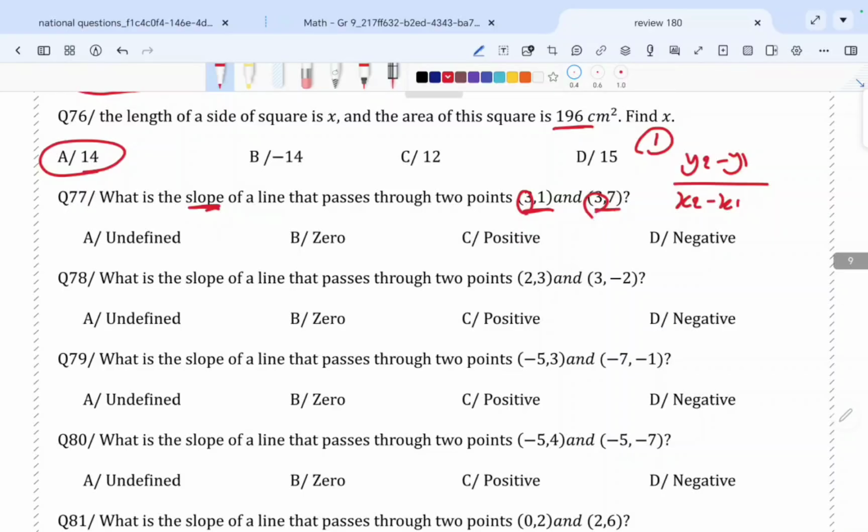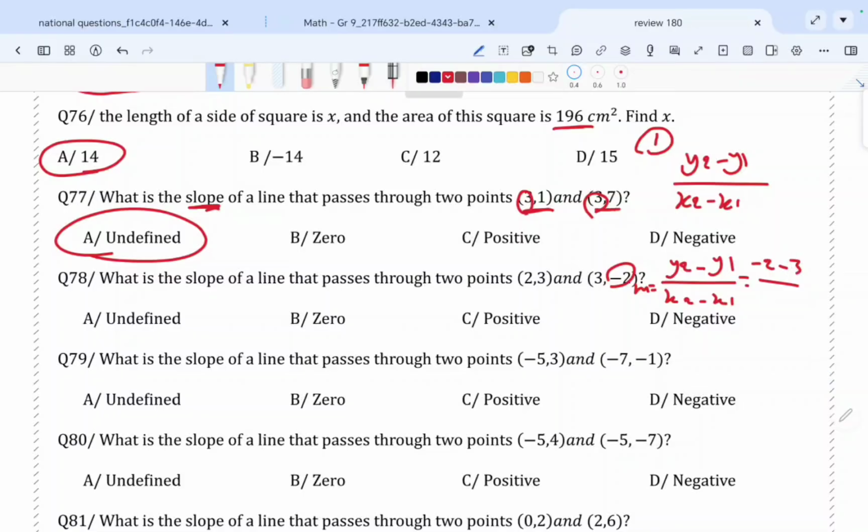Question 77, we have (3, 1) and (3, 7). As you can see, the x's are the same, positive 3, positive 3. So which one is correct? A. It's undefined, okay? Question 78, we have (2, 3) and (3, -2). The x's are not the same, and the y's are not the same, so you have to solve it. m = (y2 - y1) over (x2 - x1). y2 is -2 minus 3, which is y1. x2 is 3 minus 2.